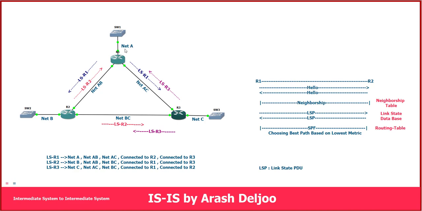R1 is connected to the LAN net A, R2 is connected to net B, and R3 is connected to net C. Also, R1 is connected to R2 in the subnet net AB, R1 is also connected to R3 in the subnet net AC, and finally R2 is connected to R3 in the subnet net BC.